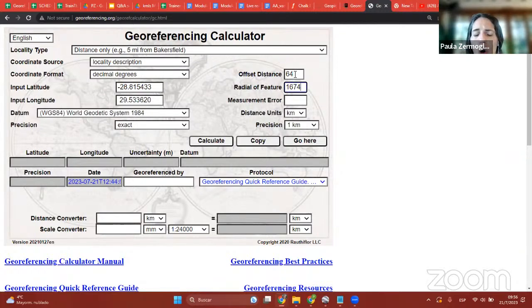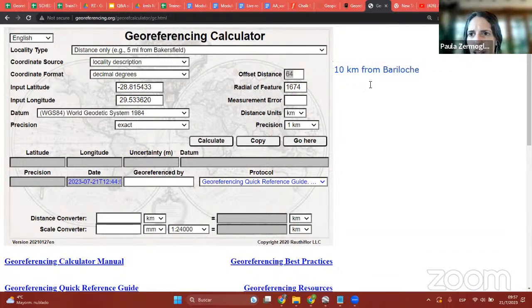Now, when we use offset distance, we're usually taking that from the location description. The description says 10 kilometers from some town, so they are already giving that in a particular unit. For example, 10 kilometers from Bariloche, that is where we are.